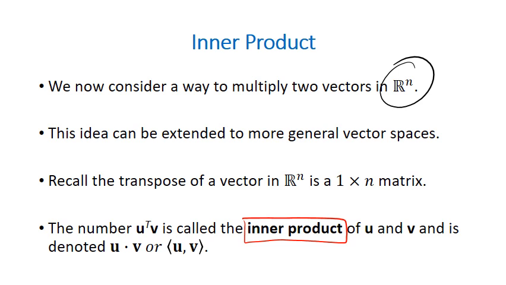The number u transpose v is called the inner product of u and v, and it is denoted either this way or this way. It's often referred to as the dot product as well, and this is read u dot v.